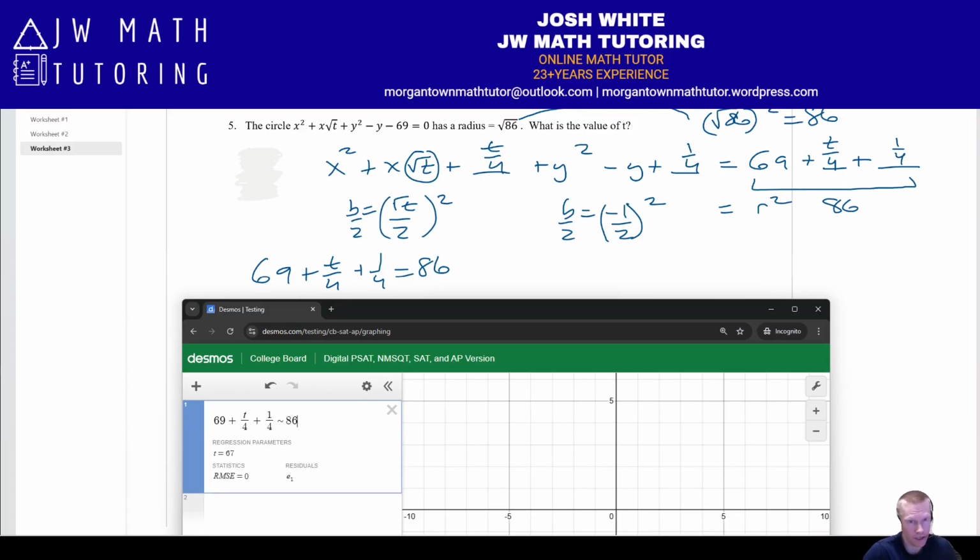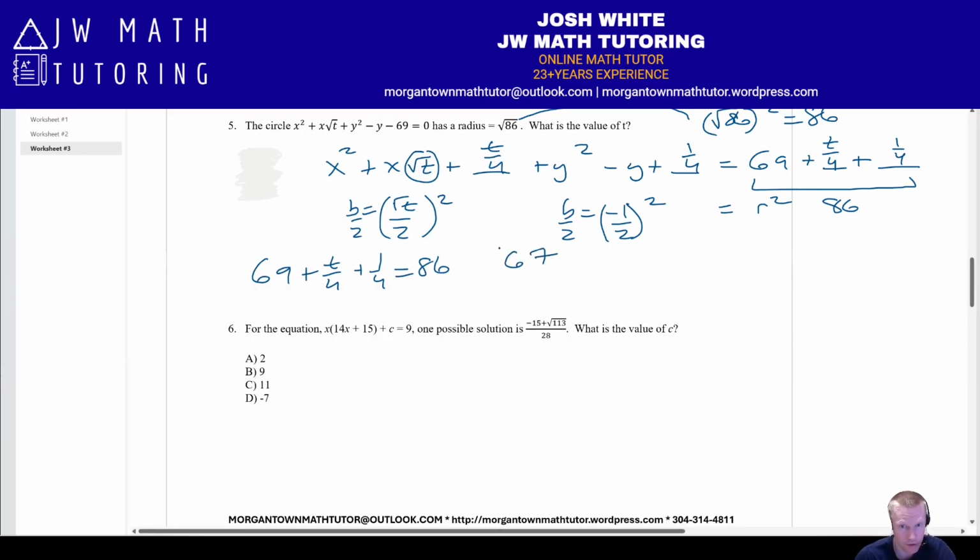All right, so right there, t comes out to be 67, okay? So that is the correct answer. If it was multiple choice, that would presumably be one of the answer choices, but it was not one of the answer choices that was given. So next thing here, if it was multiple choice, okay, I'll show you how to do this first, and then lastly, I'll show you how you could actually do it in Desmos using regression.